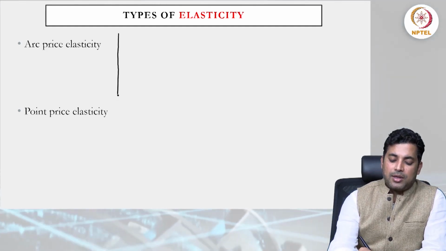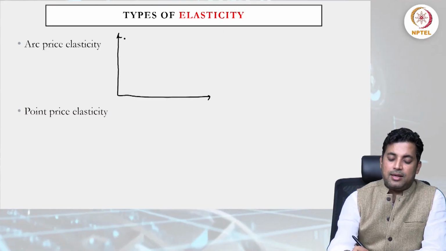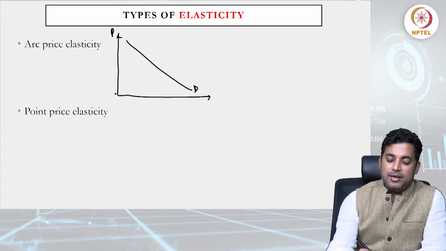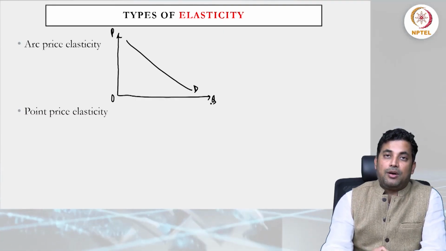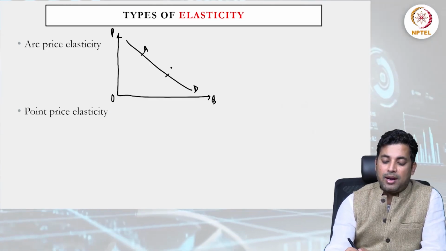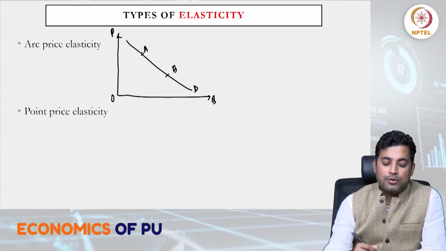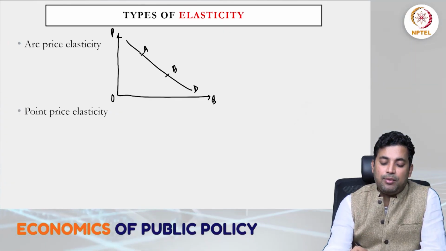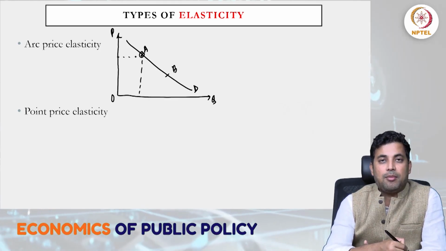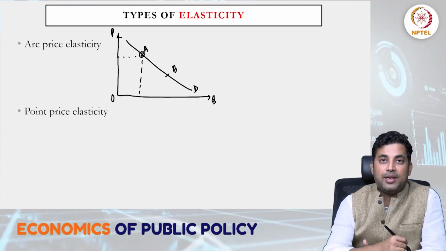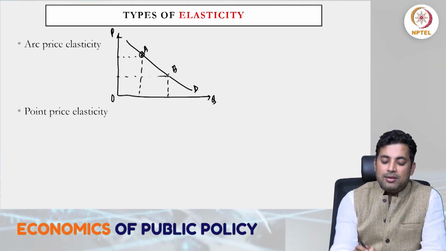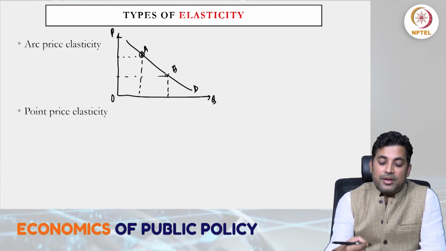For the arc price elasticity, say this is the demand curve, with price on the vertical axis and quantity along the horizontal axis, and here say at point A and at point B. In case of point elasticity, if we want to understand the value of price elasticity at point A separately and for point B separately, then we get the point elasticity.